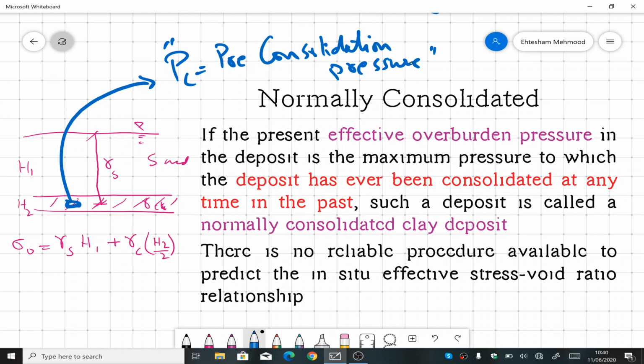This PC is also indicated as sigma C, so it's your choice whichever you want to adopt. If sigma naught, that is the current overburden pressure, is equal to sigma C, then we call that normally consolidated soil, and that means that soil has not been loaded more than the current overburden pressure in the past.